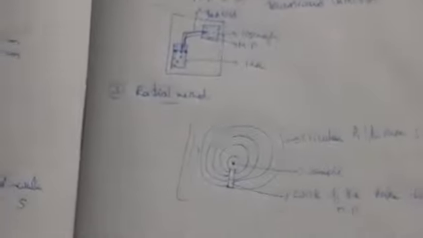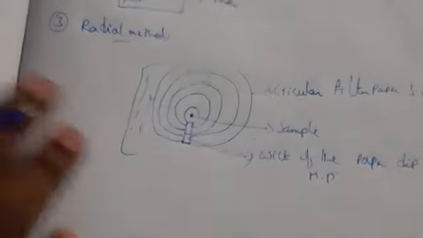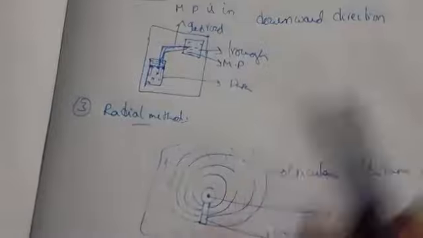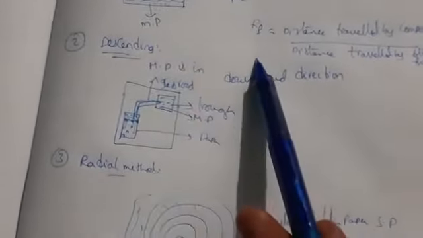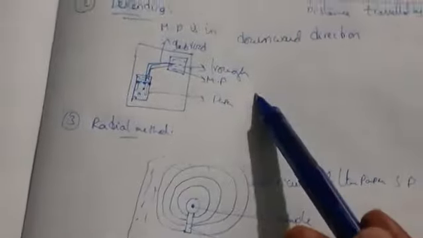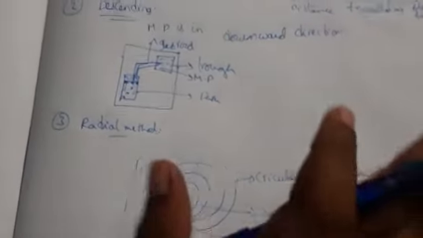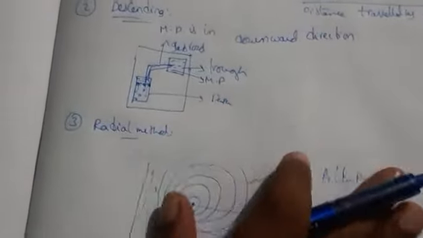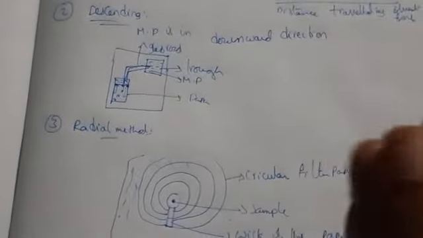Okay, so what is the procedure? The procedure is, first of all, the selection of the technique, whether the separation we are doing should be ascending, descending or radial. It is selected on the basis of the RF values of the components which are going to be separated.